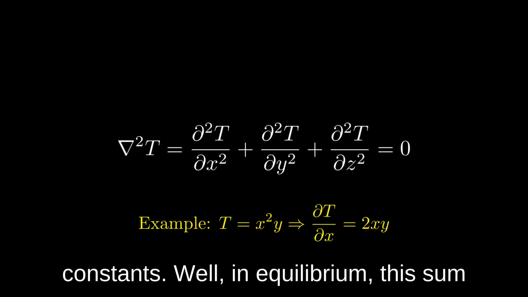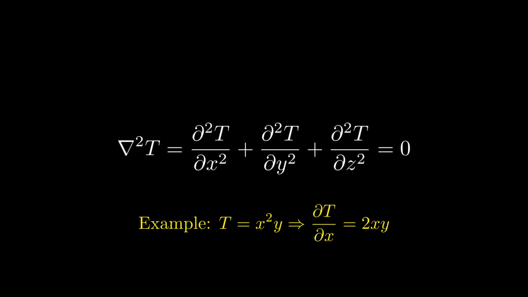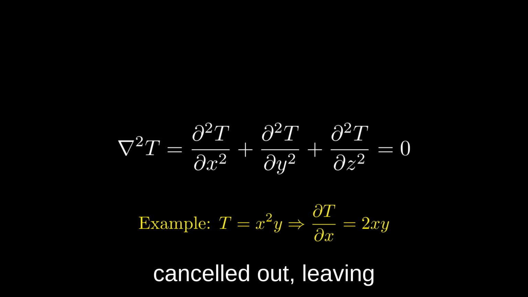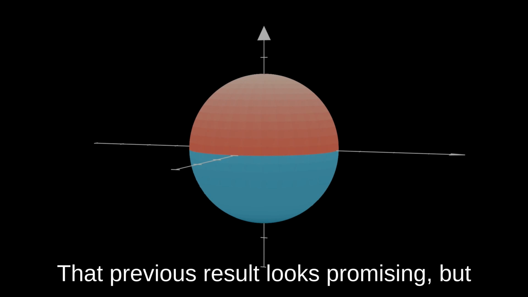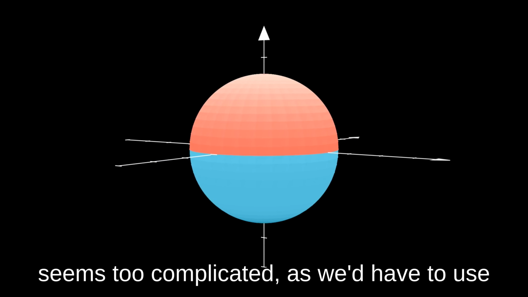Well, in equilibrium, this sum is equal to 0. In our previous example, there was no dependence on y or z, so they cancelled out, leaving what we deduced earlier.